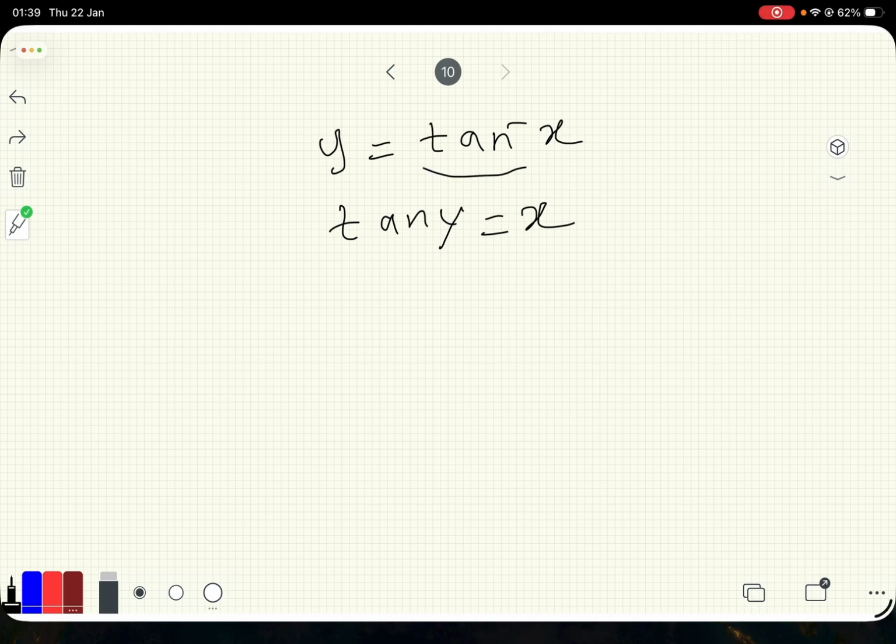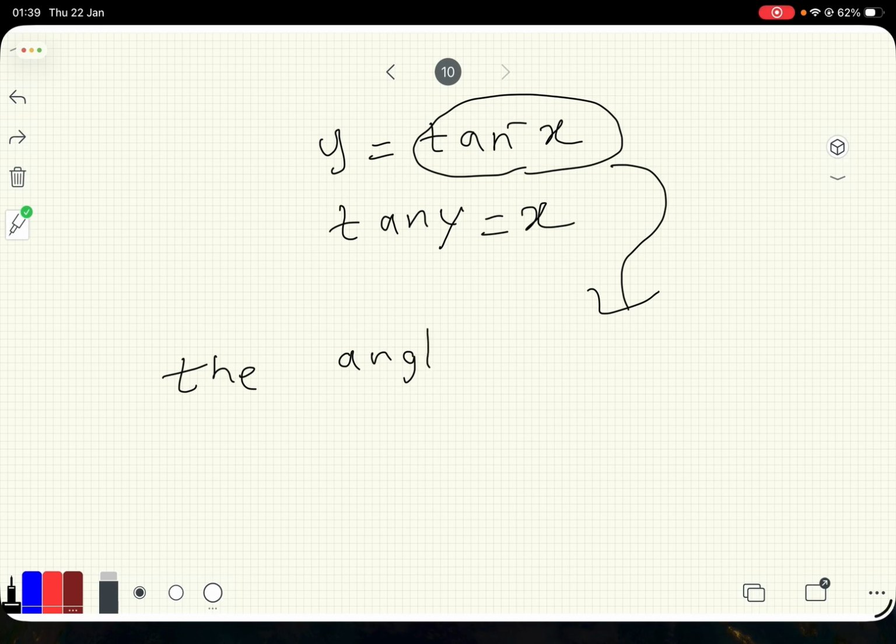So when I write y is equal to tan inverse x, it means tan y is equal to x. In simple words, tan inverse x means the angle whose tangent is x.